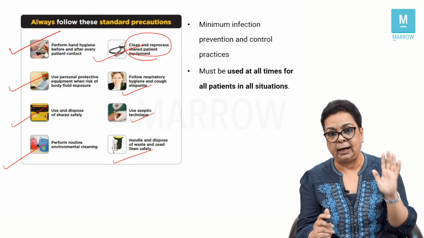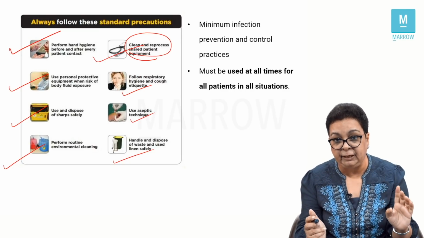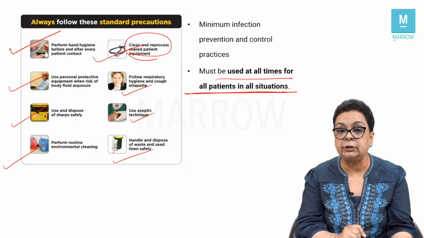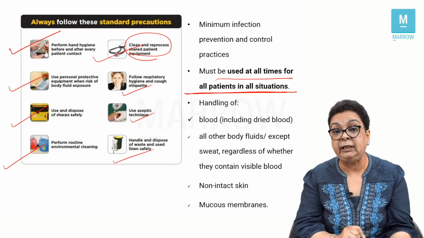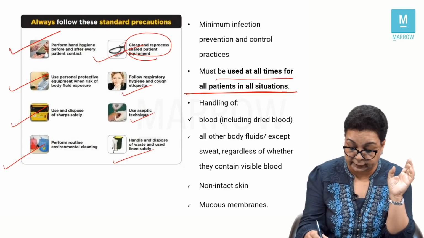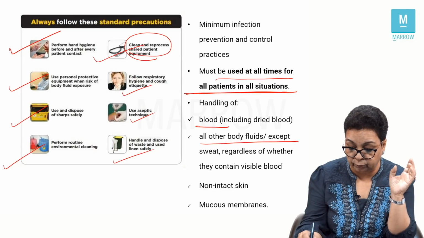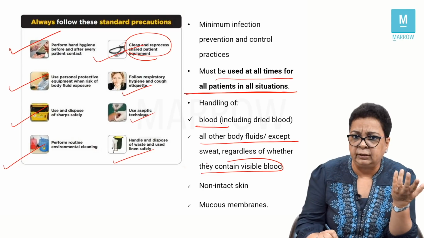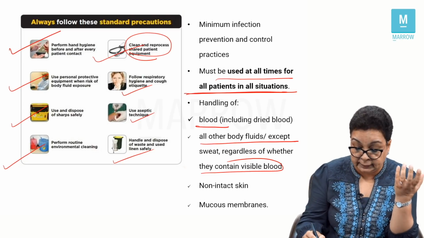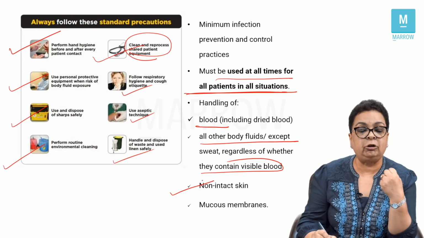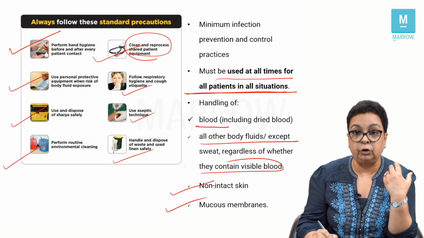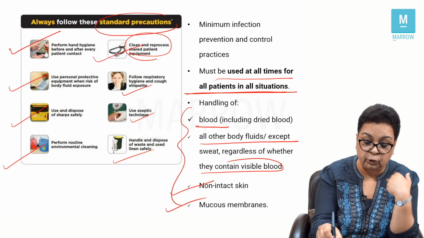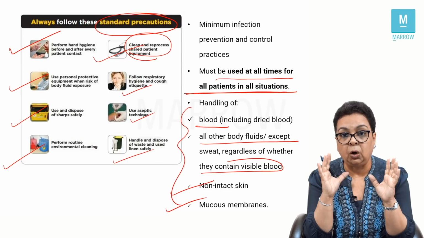These are the 8 standard precautions which must be followed at all times for all patients in all situations, because of the belief that all these fluids, blood, other body fluids, leaving out sweat, regardless of whether they contain visible blood or not, are infectious to us, on contact with non-intact skin or mucous membranes. So with this belief, we are going to follow the standard precautions always in the hospital.